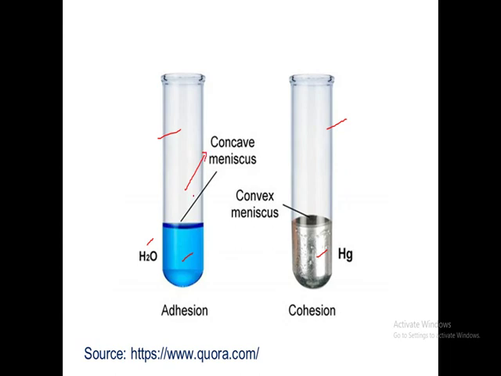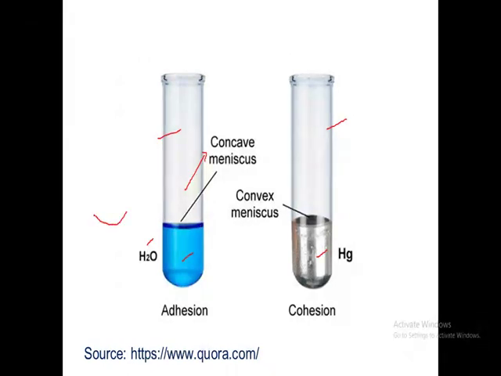I hope you might have observed this in your chemistry laboratory. You take a test tube, take some water in it, and if you observe the upper layer of this water, it is always concave in nature. Concave means bulged inside.